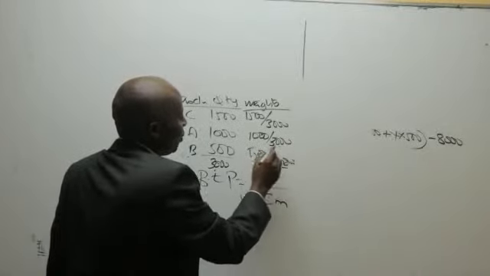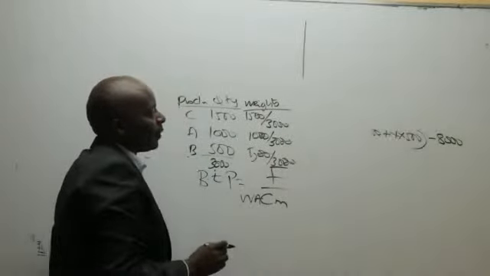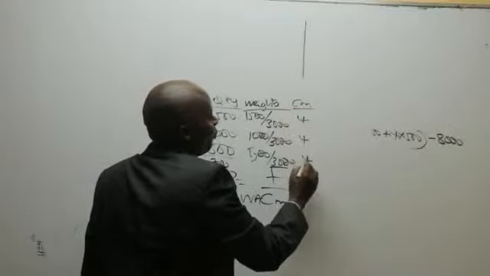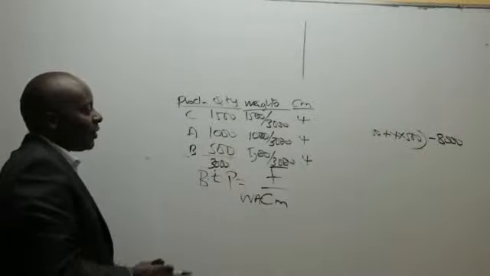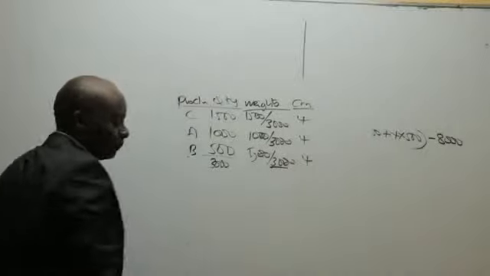We can do away with two zeros like that. And fortunately, our CMs here were the same, 4. What a coincidence. So even the weighted average will not be different.